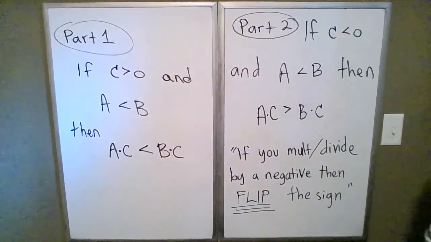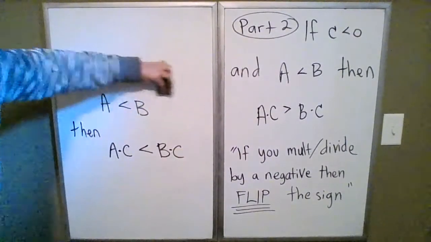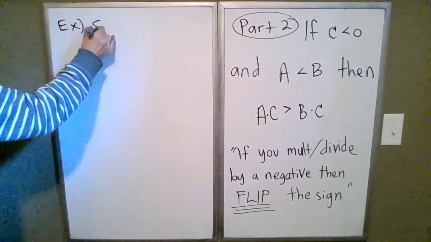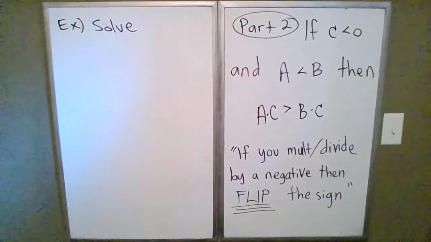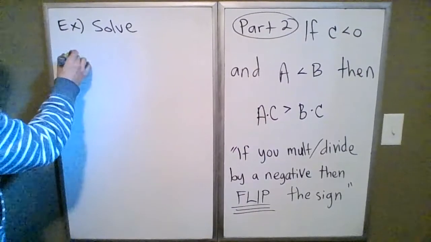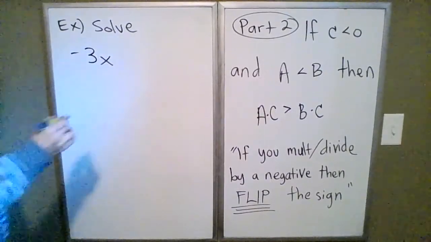Okay, let's do an example. So negative 3x plus 1, and it's less than or equal to 7.